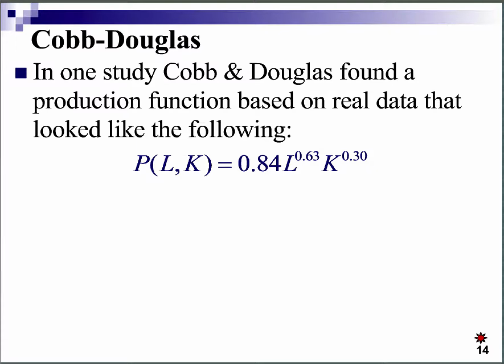So the capital A from the previous slide is 0.84, little b is 0.63, little c is 0.3. Now the meaning of those numbers is hard to explain here. They do have specific meanings, especially the powers 0.63 and 0.30. But for now we're just going to focus on making sure we understand how to work with these functions and then later how to optimize them.